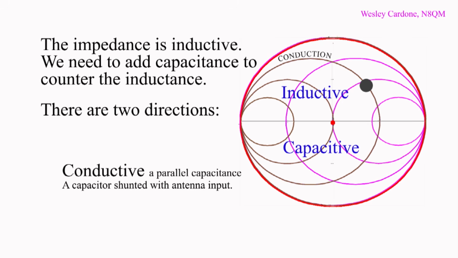The other avenue is conductive. While it does move the vector impedance in the capacitive direction, that avenue is not of any help in this case because it does not move it any closer to home plate.